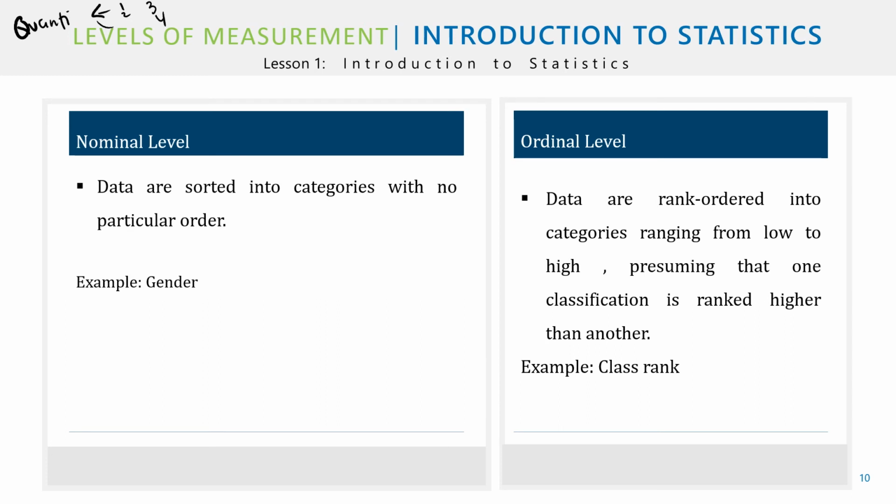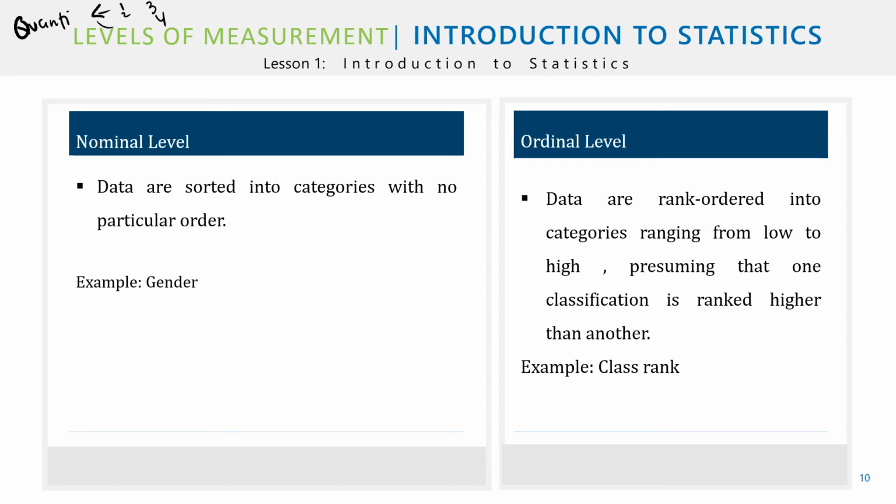Okay, so first let's start with nominal level. So, for the nominal level, data are sorted into categories with no particular order. Which means, meron lang tayong category, wala namang order. Which means, hindi mo matutukoy or hindi talaga natin matutukoy kung sino yung mas lamang. So, anong example niyan?